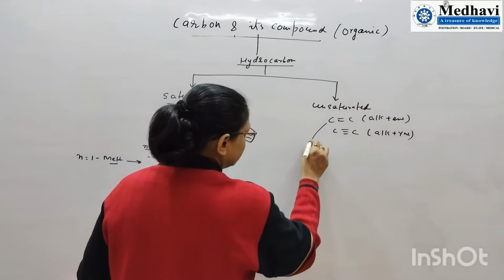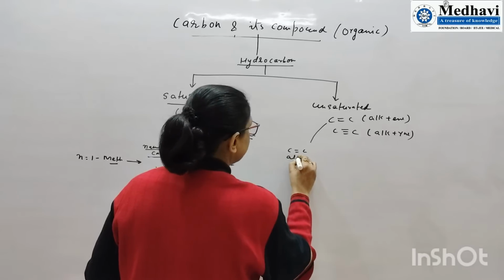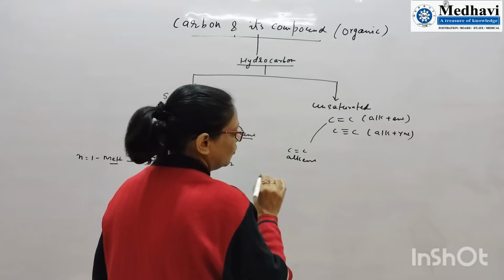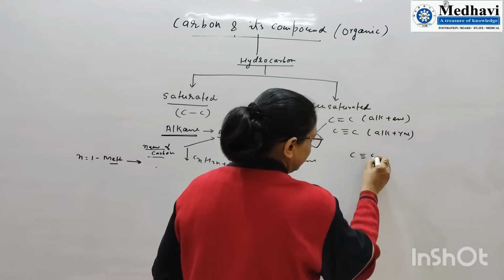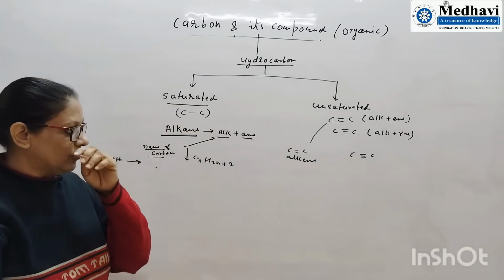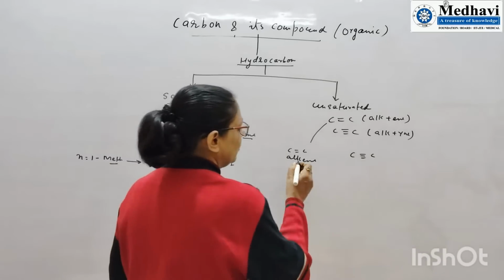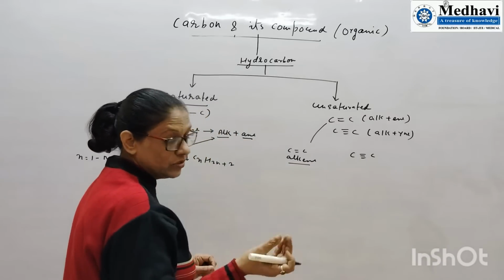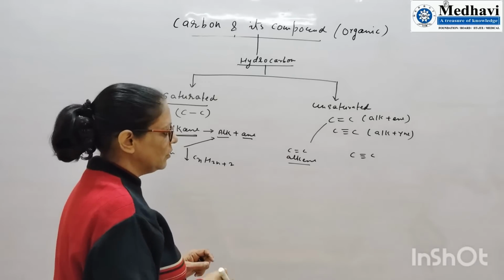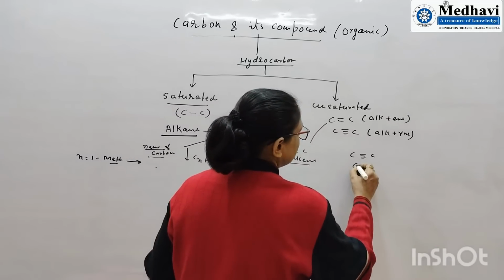Here I am writing carbon-carbon double bond, that is alkene. Actually I don't want to explain this topic in detail because I have already given a video related to the nomenclature of hydrocarbons. So I will go in short, and if you have any confusion, you can check it from the other video. But you need to understand the basic difference.